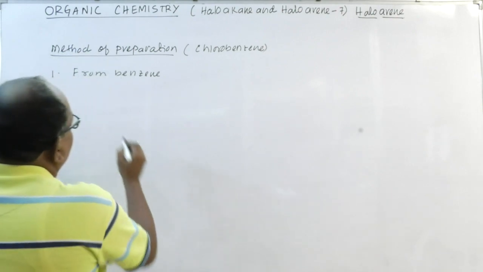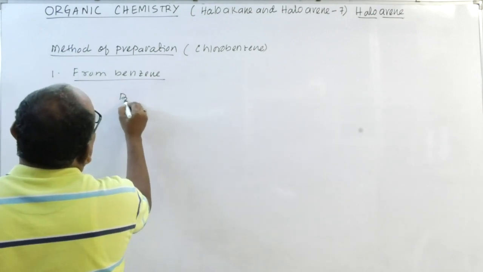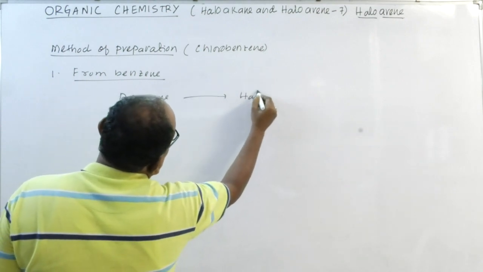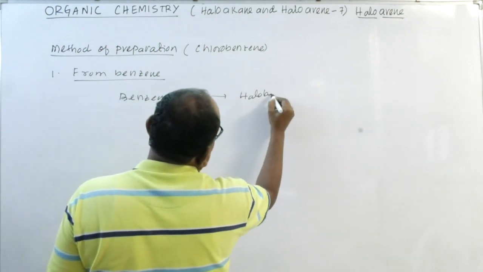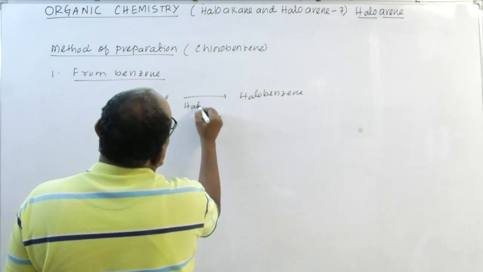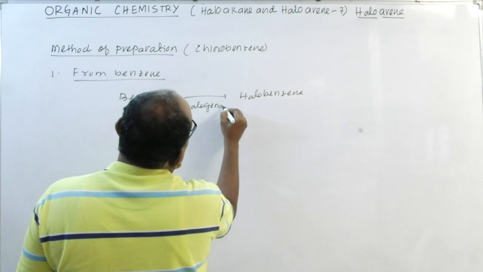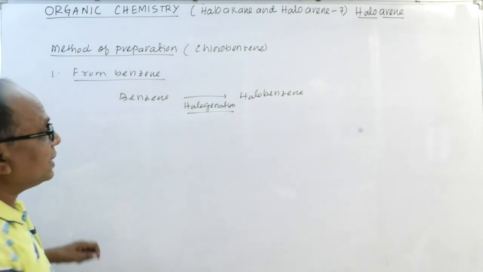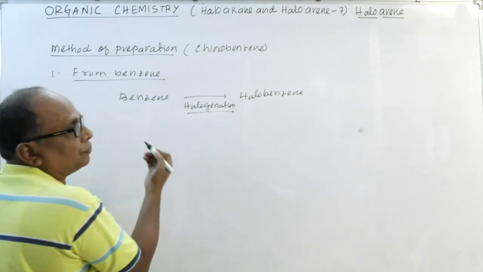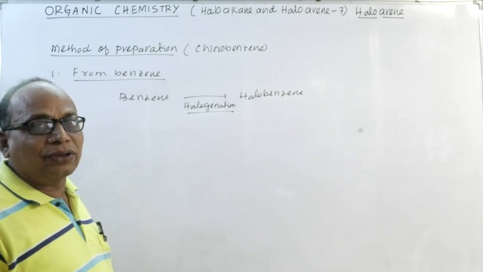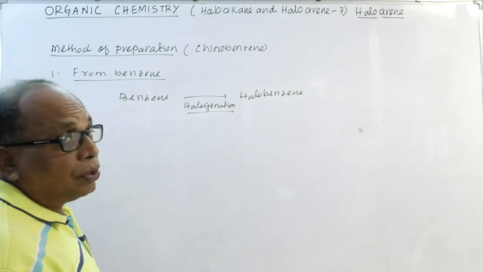The benzene can be converted to halobenzene by halogenation. Halogenation means the hydrogen atom of the benzene molecule is substituted or replaced by the halogen atom, that is called halogenation.